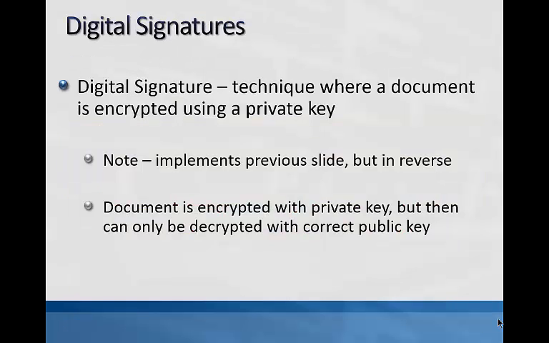Now suppose that some organization wants to send you a message. And it is important that you are sure that it's from that organization, not from some other group. You need to know for sure that the document you receive is genuine and is from the organization that you expect it to be from. You want to make sure neither the document nor the sender are fraudulent. In this case, that same asymmetric encryption is done, but it works backwards.